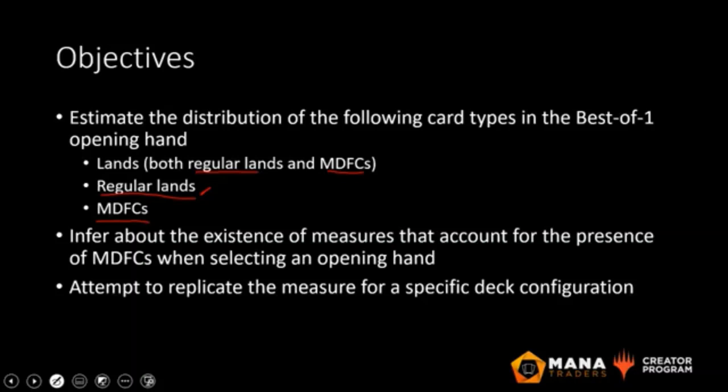For example, if you get 3 lands and then 4 modal double-faced cards most of the time, that's bad. That's not good, right? Because the spell lands are spells, but they are weaker spells. They have to be weaker than just a spell alternative.